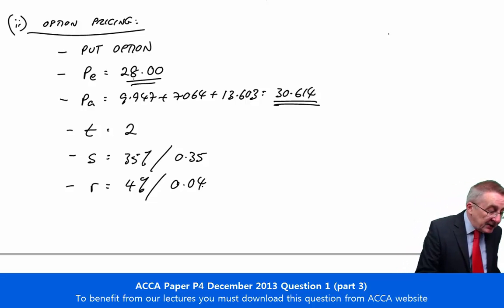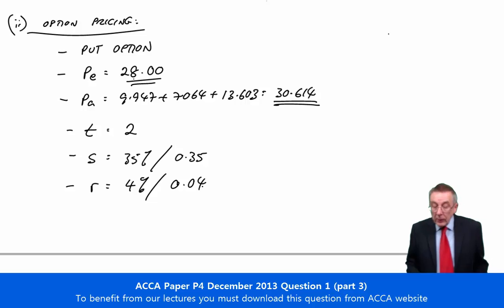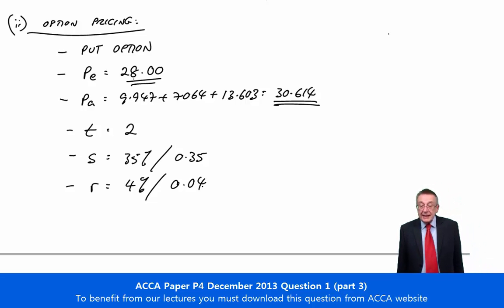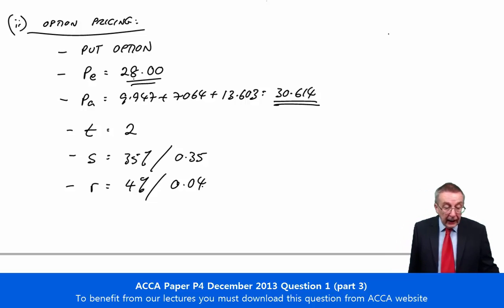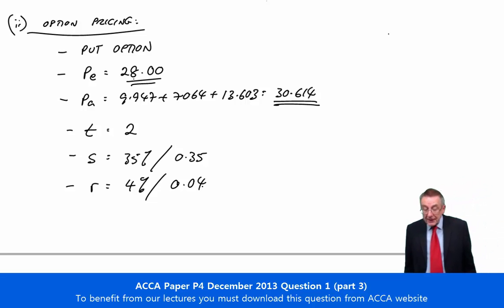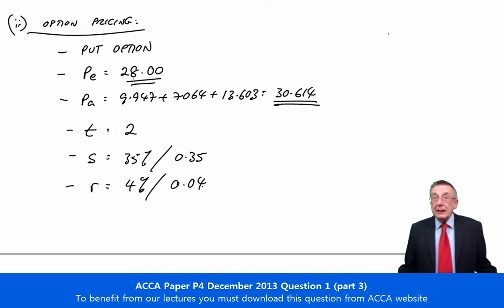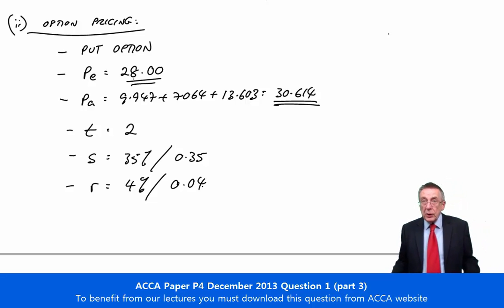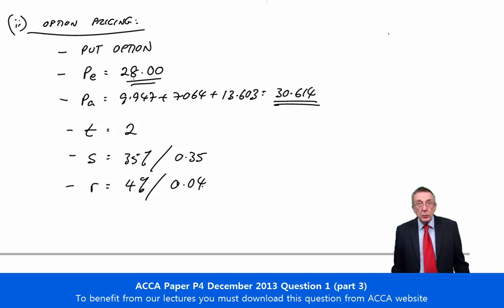Now, although obviously for the full 9 marks we're going to have to put them all in the formulae and end up with a figure, the examiner's not stupid. Putting them in a formula is just calculator work. And I'll do it, but I'm not going to waste time here.